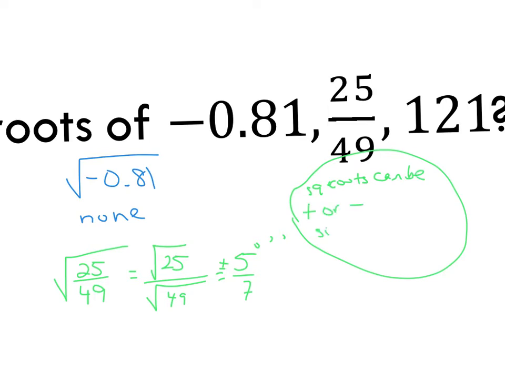Meaning, something like 11 squared is 121, and something like negative 11 squared is also 121. So you have to put that plus or minus. And then the square root of 121, well, it's an even root, so we need that plus or minus, and we just have 11, which we kind of already did.